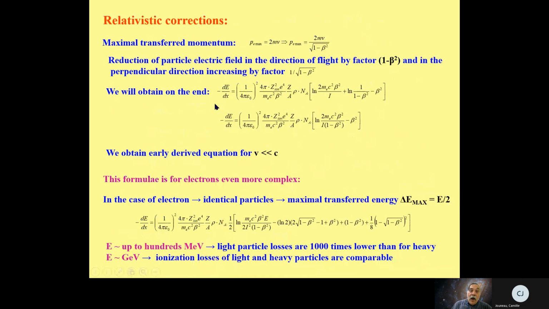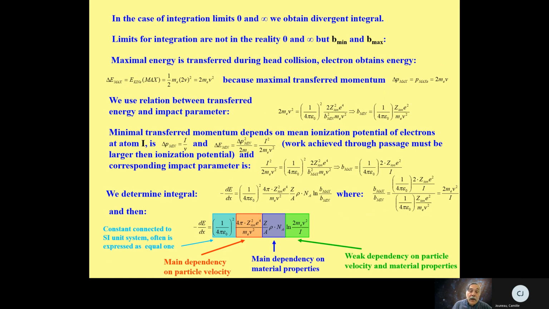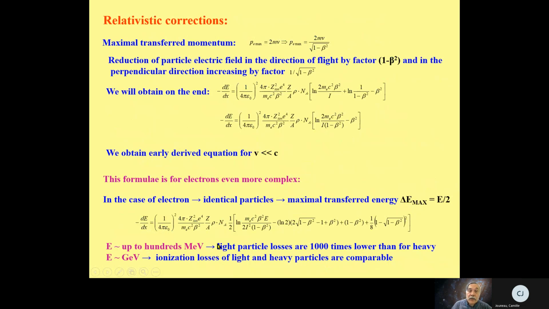How will it be if we need to put in relativistic corrections? It was a non-relativistic case, that means a heavy non-relativistic particle. For relativistic correction, again, it is necessary to correct this maximal transfer momentum by this coefficient which is given by relativity.